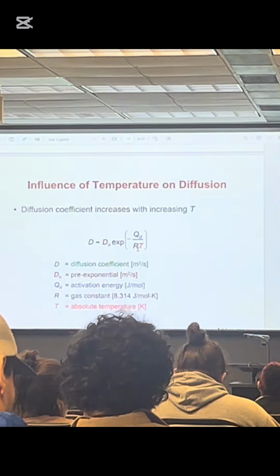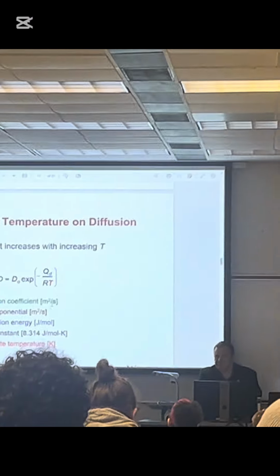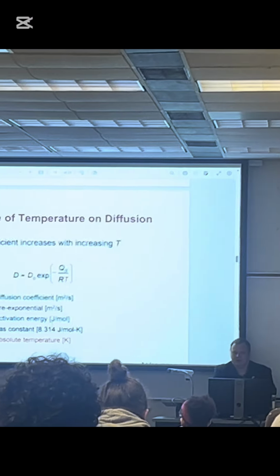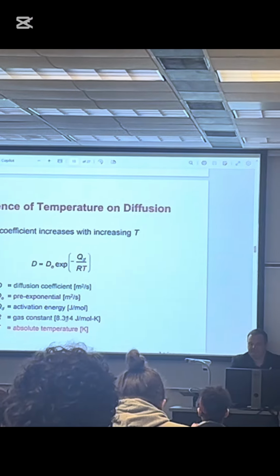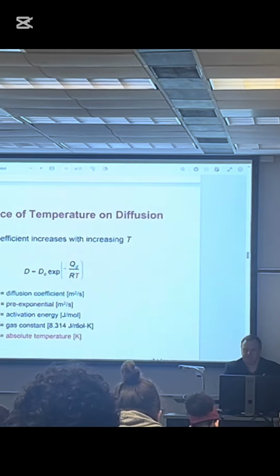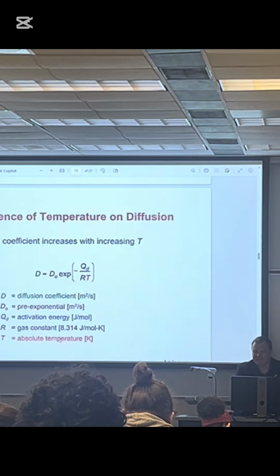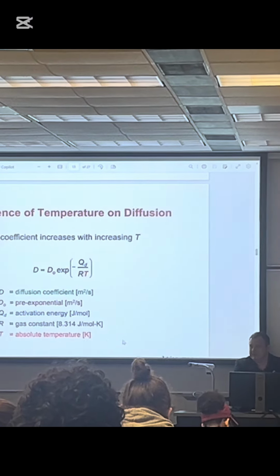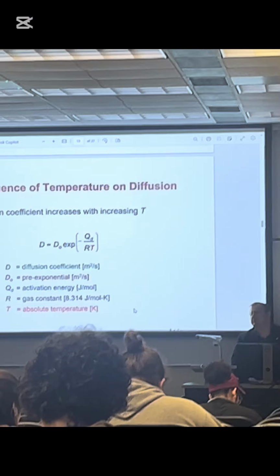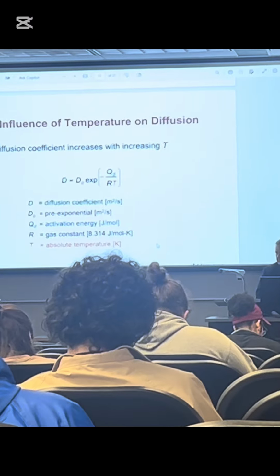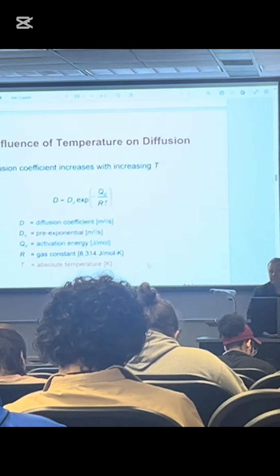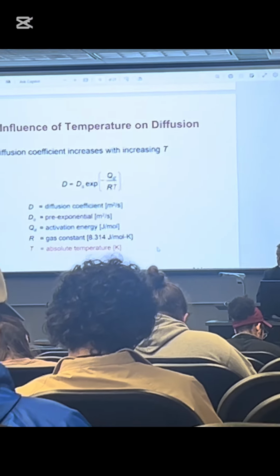Q_D is the activation energy in joules per mole. R is the gas constant of 8.314 joules per mole per Kelvin, and T is the absolute temperature in Kelvin. So how do you convert Celsius to Kelvin? You add 273 degrees.